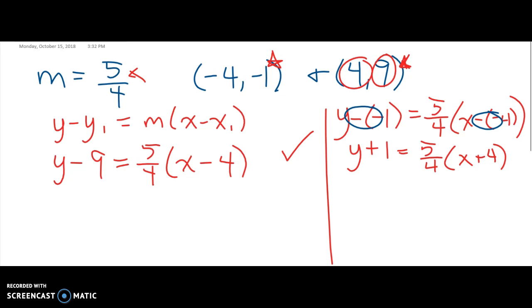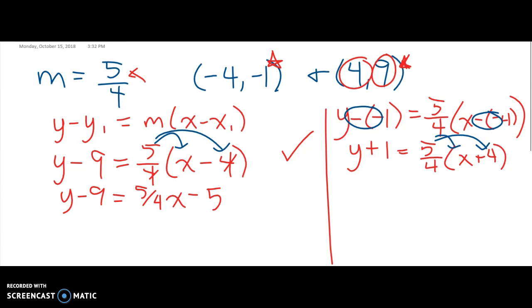Okay, so the first thing I'm going to do is simplify by distributing the 5 over 4. Make sure you distribute to both items because that's a common mistake. 5 over 4 times 4, the 4's will cancel out, leaving you with just 5.